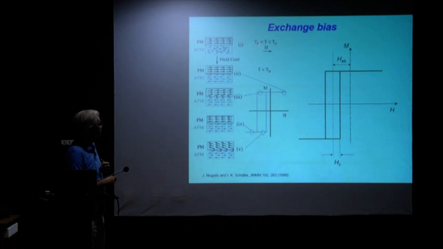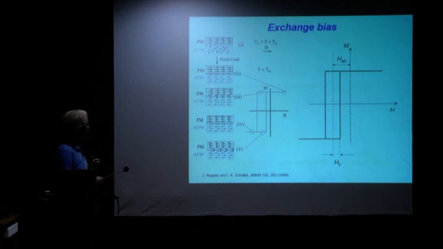And we're sitting at a temperature between the Néel temperature and the Curie temperature. So the antiferromagnetic part is disordered, but the ferromagnetic part is ordered. So if we cool this down through the Néel temperature, under a magnetic field, we preserve the orientation of the ferromagnet, and the antiferromagnet grows on top of that.